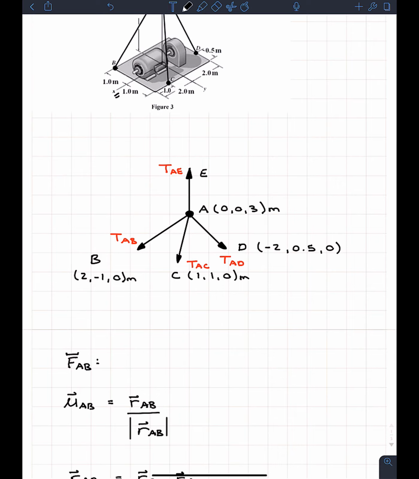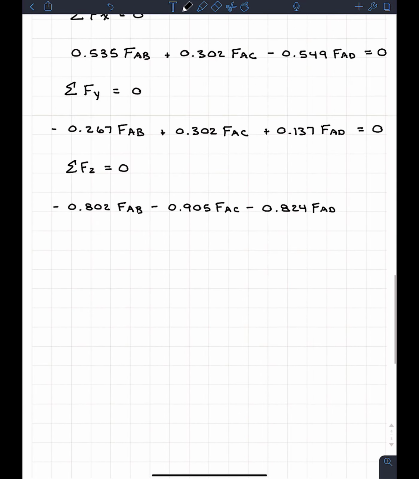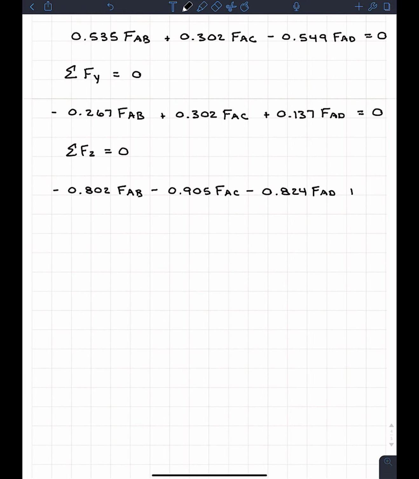If we look up to the very top, I'm going to highlight it. It's this one right there, TAE, or I'm going to put FAE. It doesn't matter if you label them as T, as long as you label them as F. We know this one's acting in the positive z direction. So it's 100% in that direction, so it's just going to be plus T. And of course it's equal to 0.